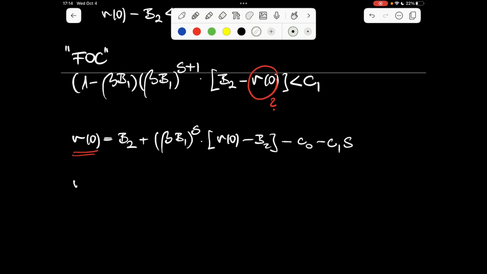So with some manipulations, we can go further. This is the optimum order size.